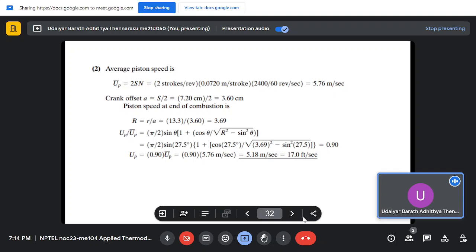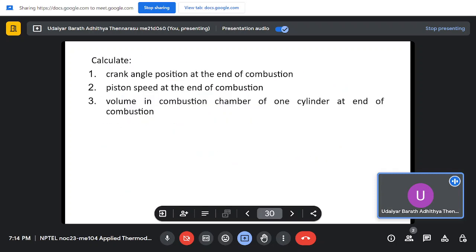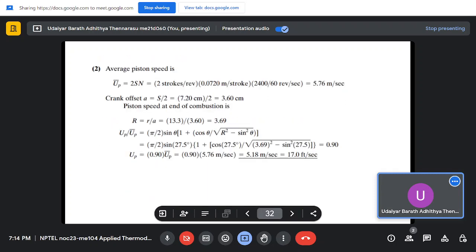The next question is to find the piston speed at the end of combustion. For that we'll use the velocity relation with respect to the crank rotation angle. First the average piston speed, which is 2 times stroke length times N, 2 strokes per revolution.